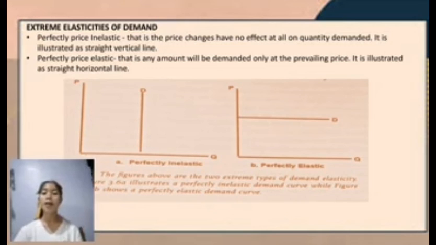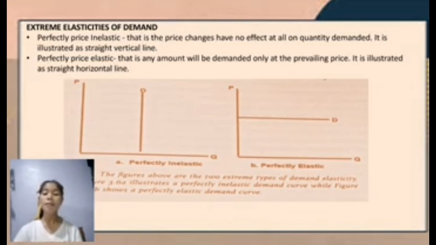On the other hand, demand can be perfectly price elastic, that is, any amount will be demanded only at the prevailing price. So the perfectly elastic demand curve is illustrated as a straight horizontal line. There are price, quantity, and demand. Why is the demand a horizontal line?